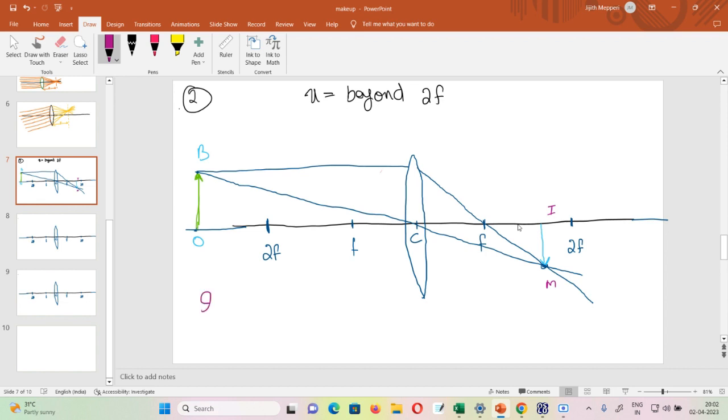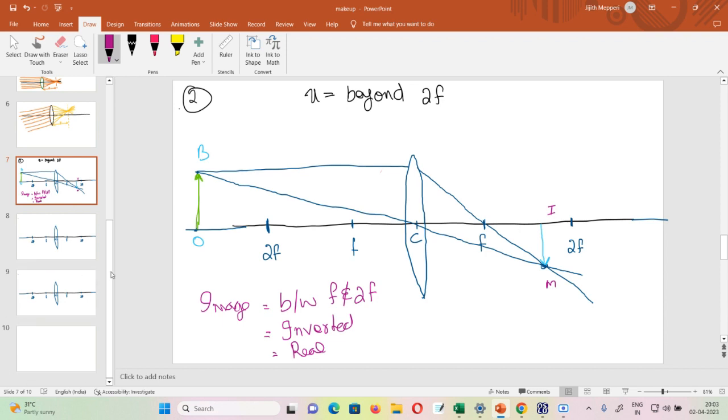The image will be between f and 2f on the other side, and the image is inverted, and the image will be real. This is the condition which we get in the case of an object kept beyond 2f.